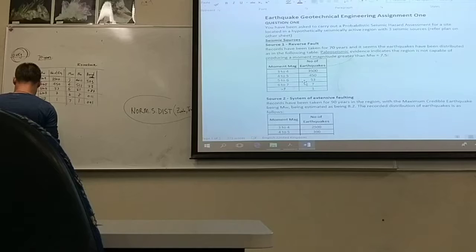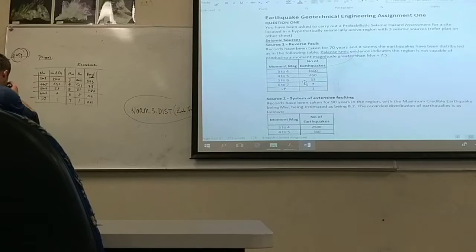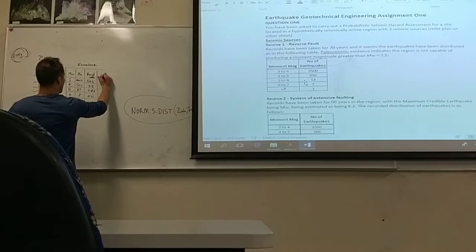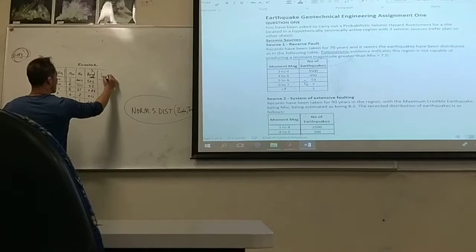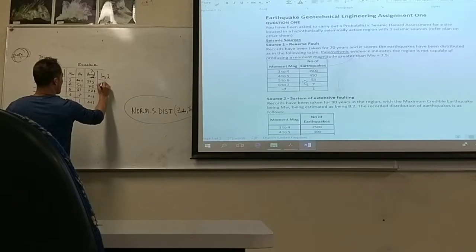Okay, and then I can take the log of this annual rate. This is annual rate lambda. Take the log of lambda. And I'm going to end up with values about this one.